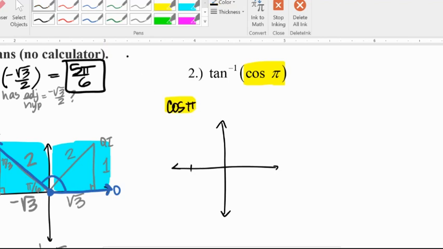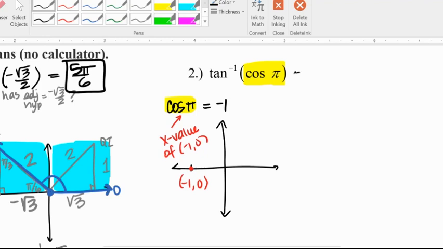Pi is a quadrantal angle, which has coordinates of -1, 0. So I can't do adjacent over hypotenuse the way I normally do. Instead, I'm going to think of the idea that cosine is the x value of my coordinate since it's a quadrantal angle, right? So cosine of pi is -1.